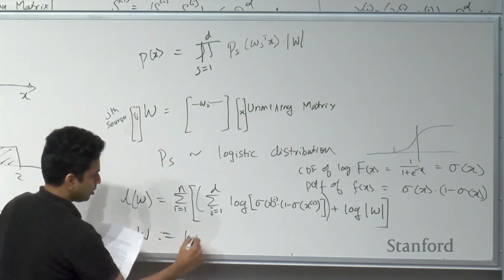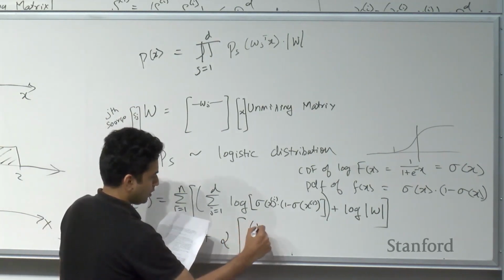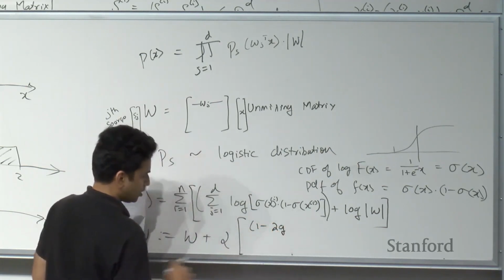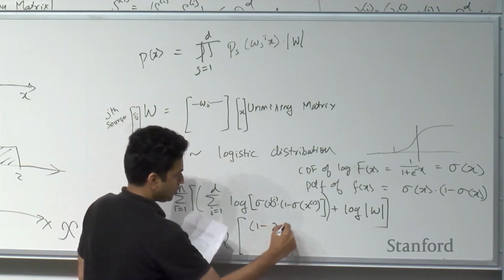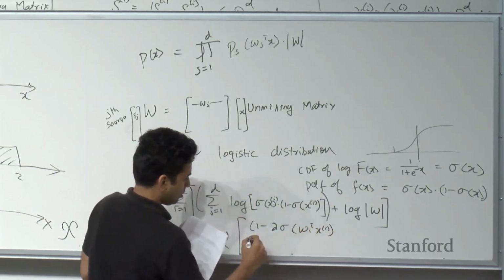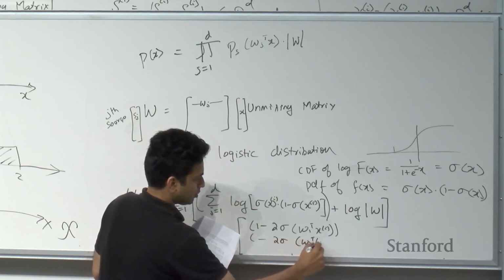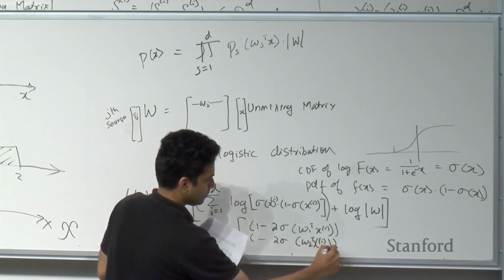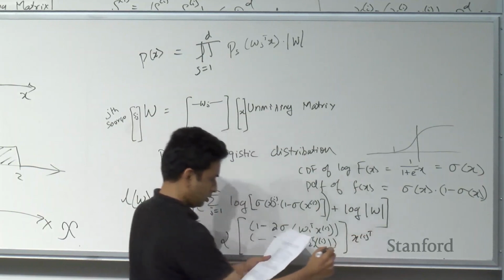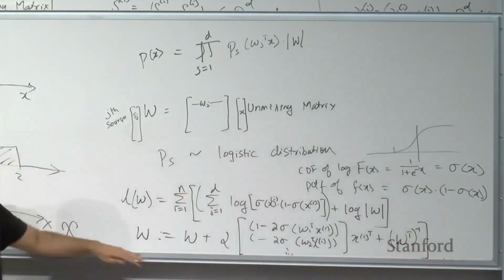W equals W plus alpha, some learning rate, times the matrix with entries 1 minus 2 g, here g is just the sigmoid, 1 minus 2 sigmoid of W1 transpose xi, 1 minus 2 sigmoid of W2 transpose xi, and so on, times xi transpose, plus W transpose inverse, right? So this is the update rule.